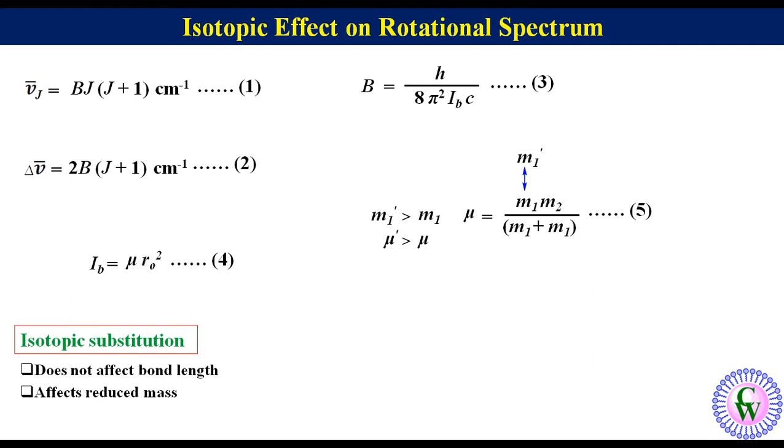So Ib prime will be greater than Ib. From equation number 3, B prime will be less than B. As a result, the new wave number will be smaller, and wave number difference, or we can say the separation between two adjacent energy levels, will also be smaller.